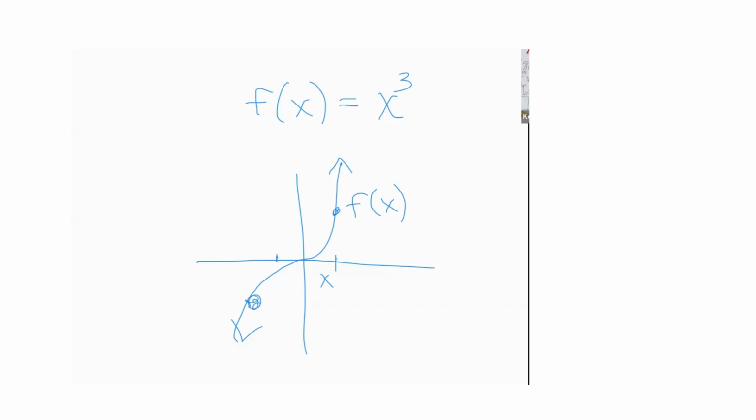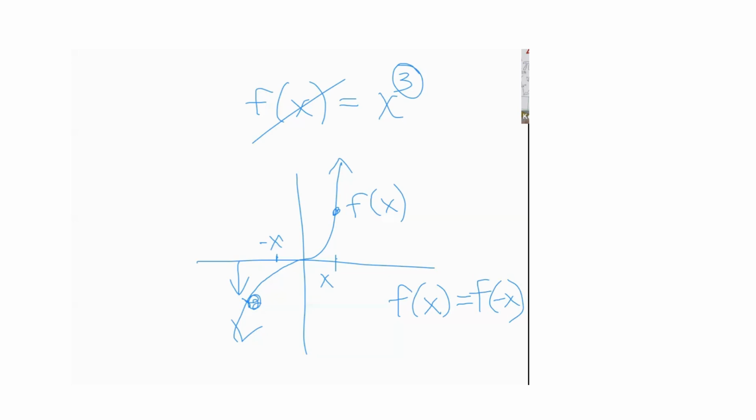So if this is negative X, then f of this is down. It's obviously not the same. So f of X doesn't equal f of negative X. So that one's odd, but we knew that because that's an odd exponent.